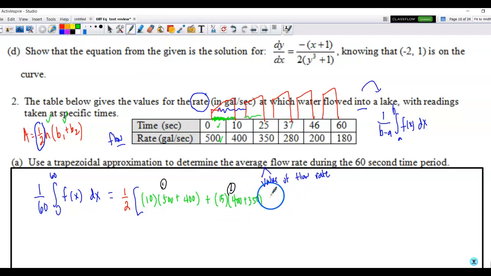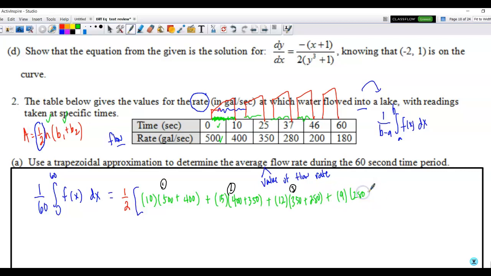Trapezoid number 3, the height is going to be the span from 25 to 37. So that's going to be 12. Base 1 is 350. Base 2 is 280. That's my 3rd trapezoid. My 4th trapezoid has a span from 37 to 46. So that's going to have a height of 9.